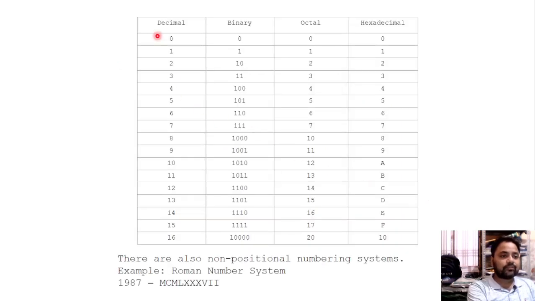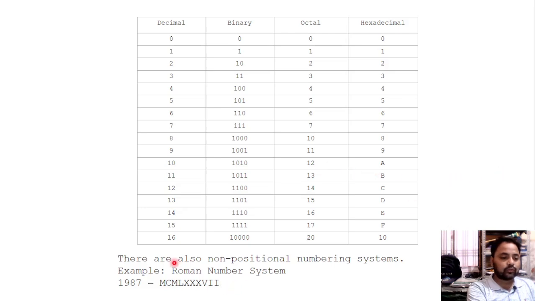This is the decimal number system, this is binary, this is octal, and this is hexadecimal, and we are taking some digits with their binary, octal and hexadecimal forms. As we discussed, 15 stands for F, 14 stands for E, 13 stands for D, 12 stands for C, 11 stands for B, and 10 stands for A.